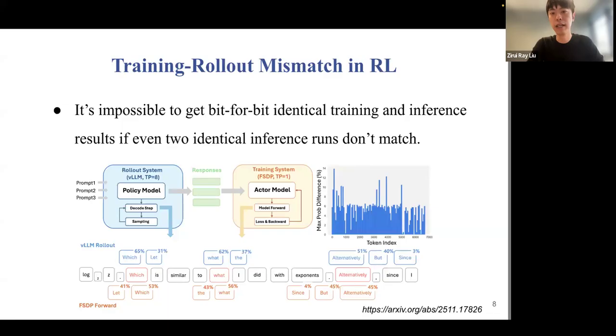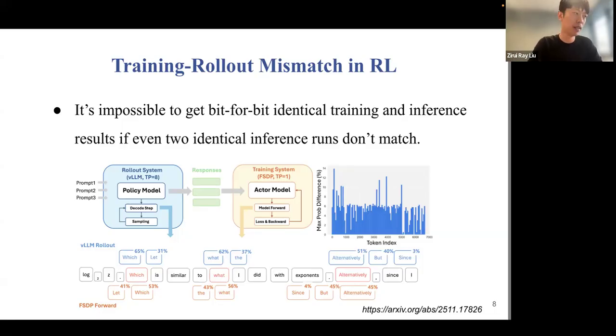Here, this slide shows the problem with reinforcement learning. In reinforcement learning, usually you have two parts in your system: one is rollout and the other is training. You need to use a rollout engine to roll out the experiments for accumulating the data for training. But in practice, if you want to squeeze out your hardware performance, you need to use a different software stack.